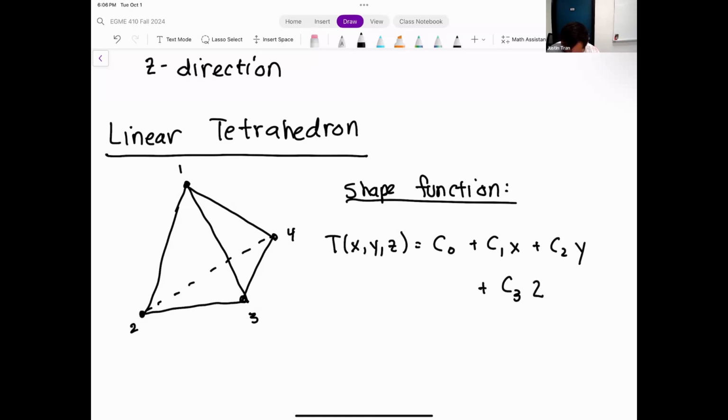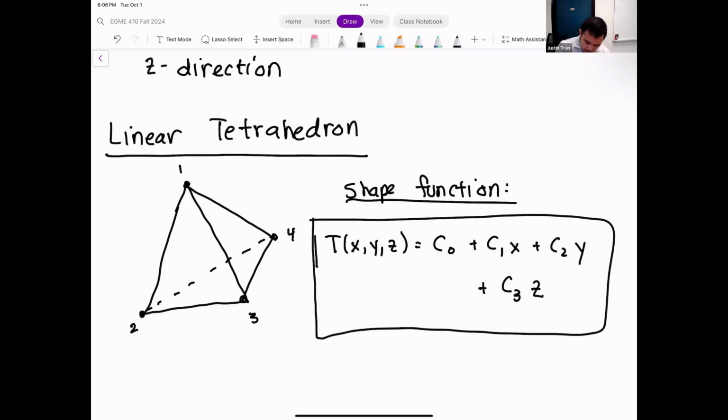The new term, because we're in 3 dimensions, is going to be C3z. That's the simplest shape function that we're going to have for today.